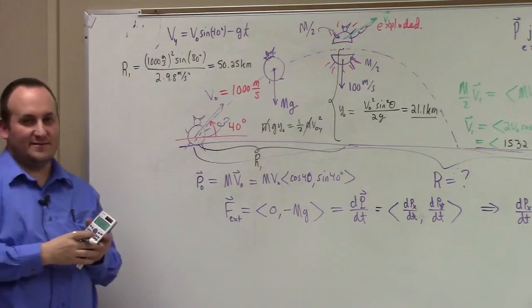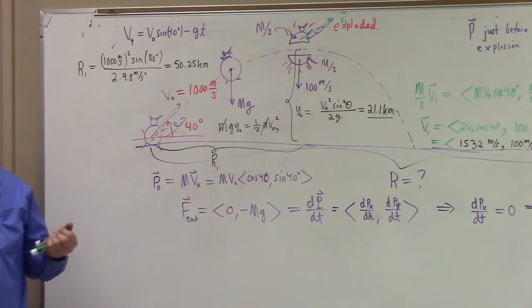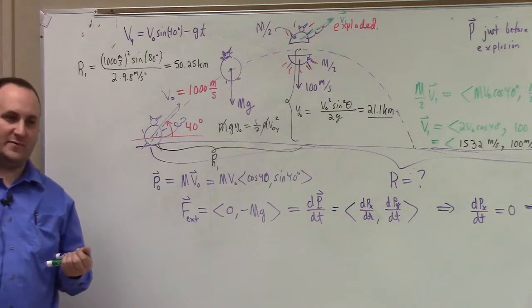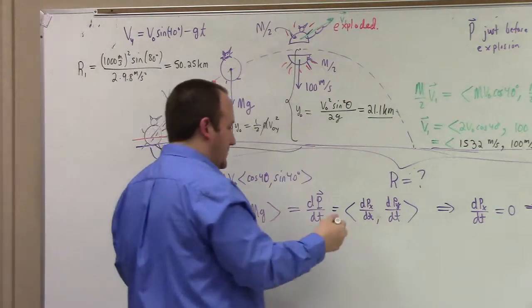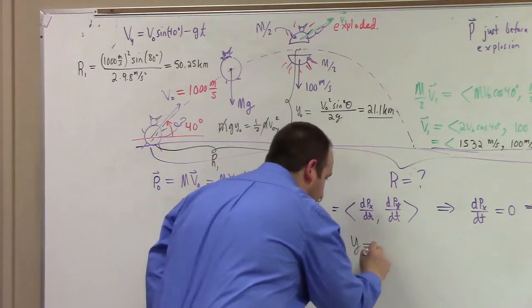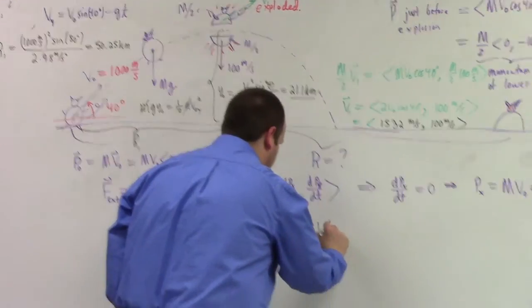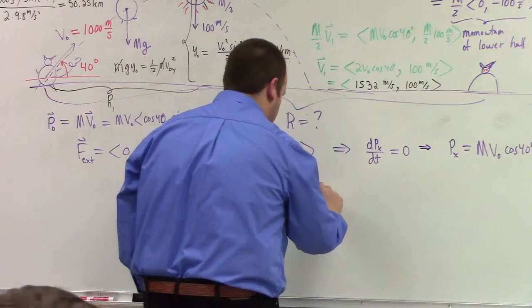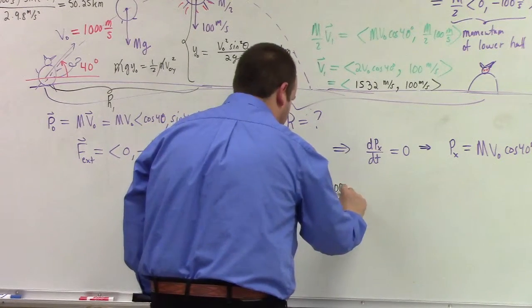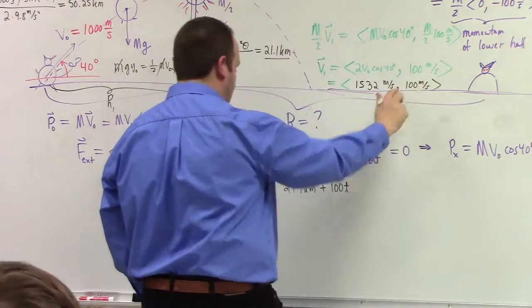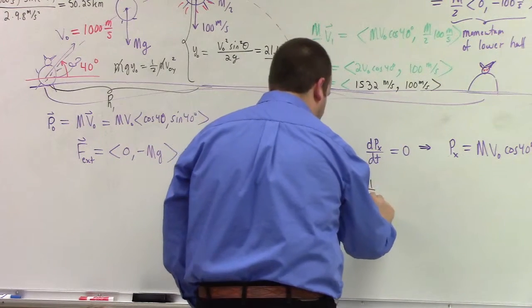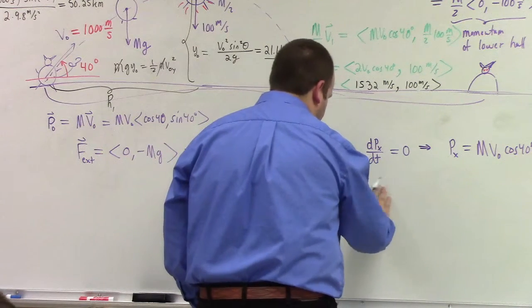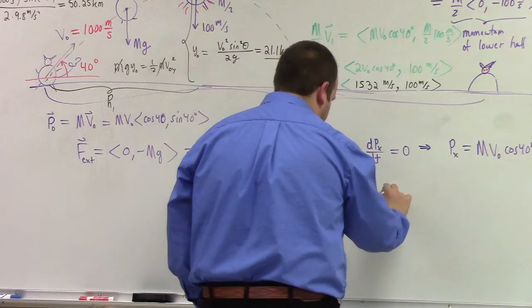Then what do you gotta do? I don't have time to finish it obviously, but you just have to look at the equations. Y is equal to 21.1 kilometers plus 100 times time, that's the initial y velocity, minus 4.9 t squared.